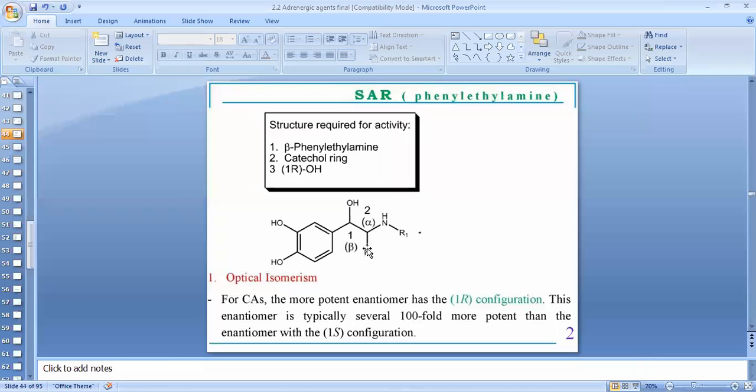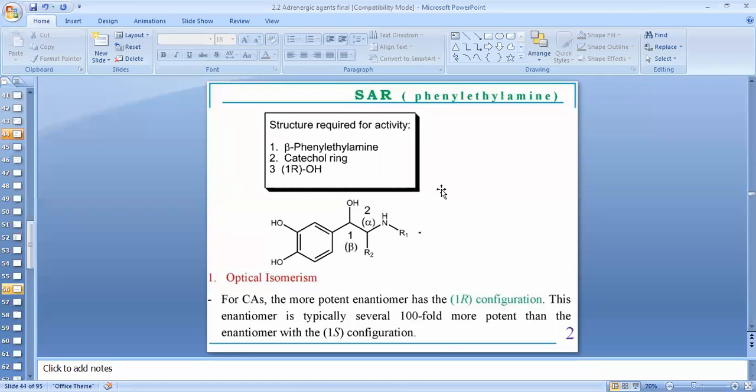Now, for the catecholamines, the more potent enantiomer has 1R configuration. This enantiomer is typically 100 times more potent than the enantiomer with 1S configuration. See, this is a ring.